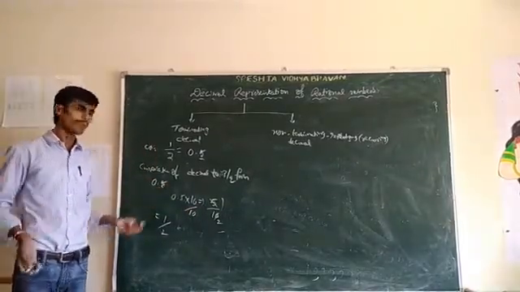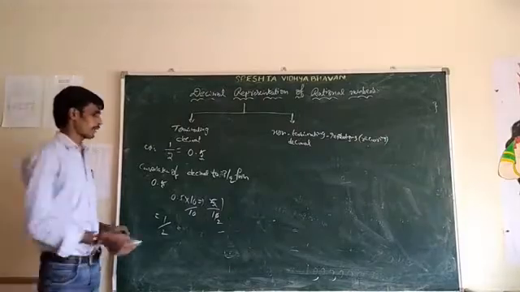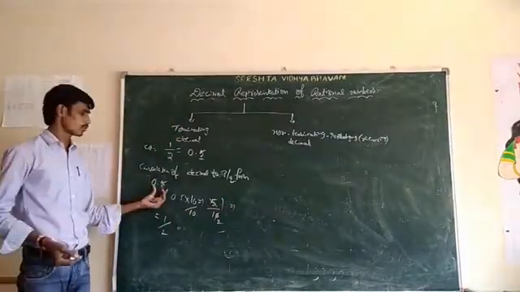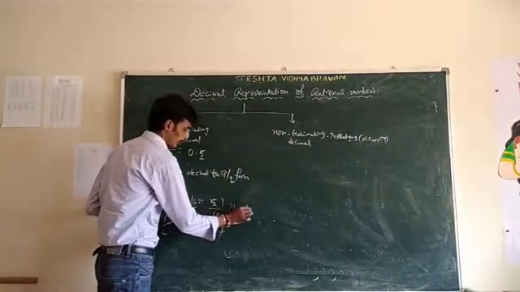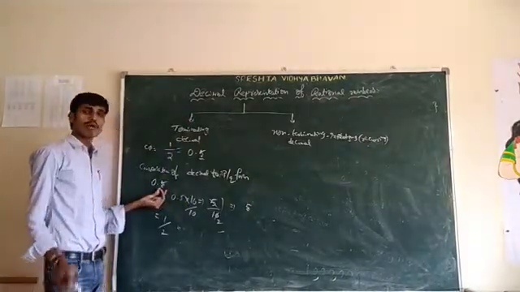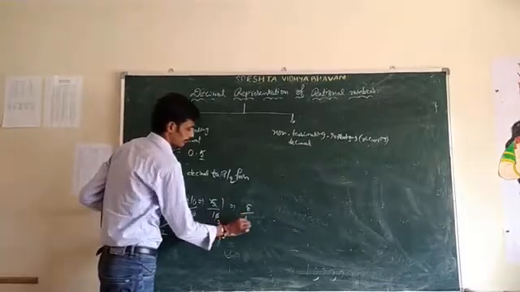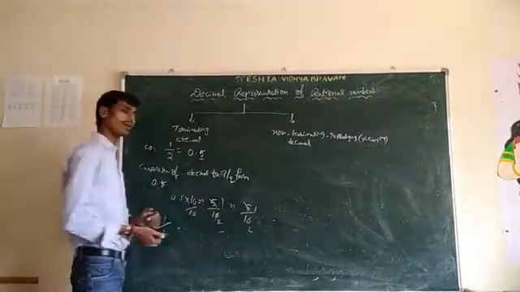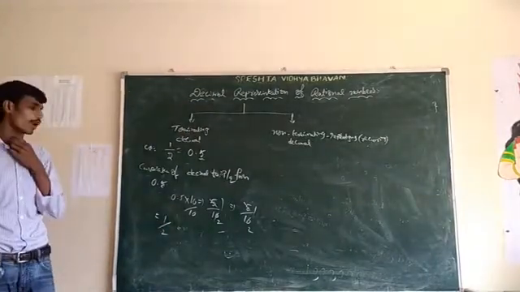Or simply, directly write the number without the decimal, 5, and take 10. That is also valid. Either way, you have to follow every step.